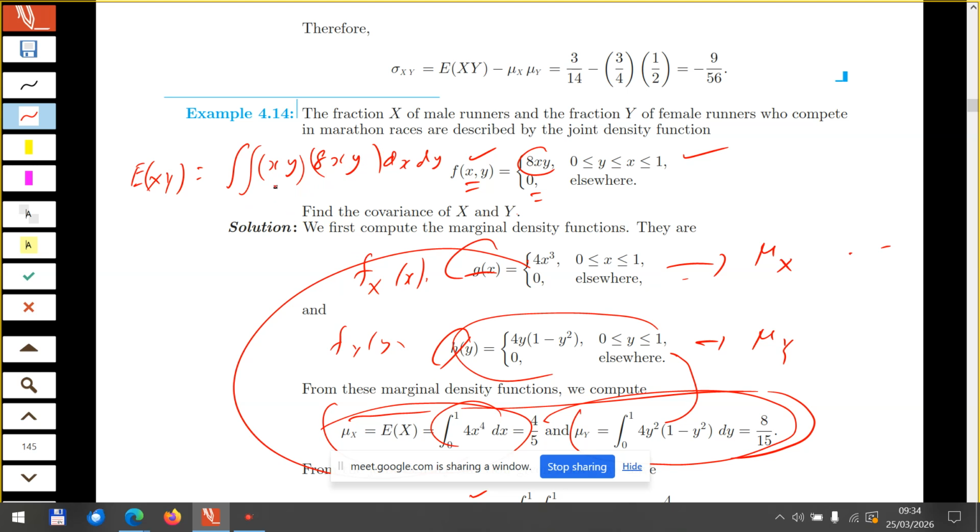So the limit of x will be, it is very misleading to say that x will be between 0 and 1, because for the inner limits, they're not between 0 and 1, they're between y and 1, right? If you think about x alone, it is between y and 1. And what are the limits of y?